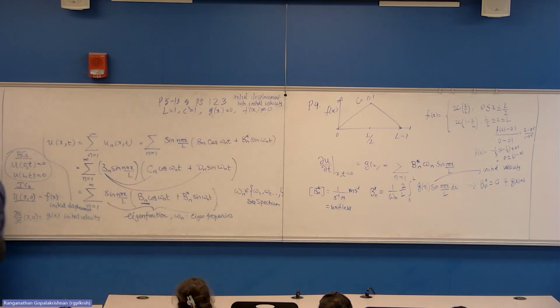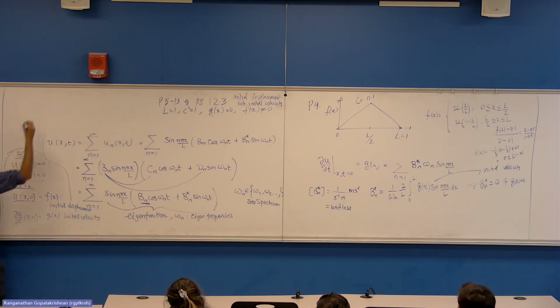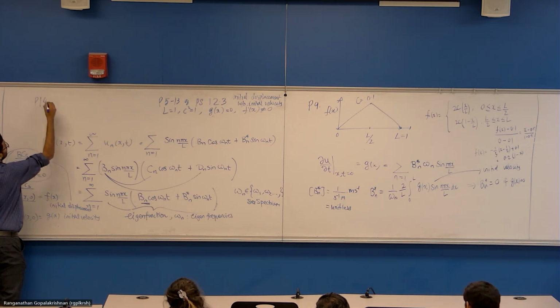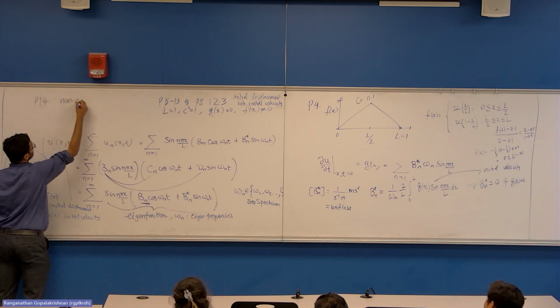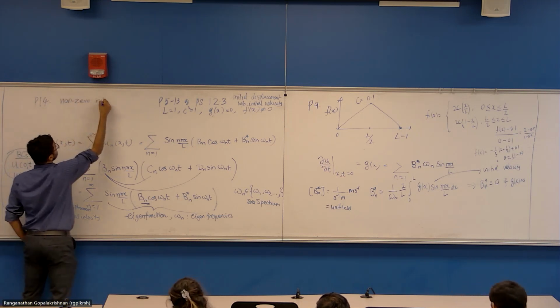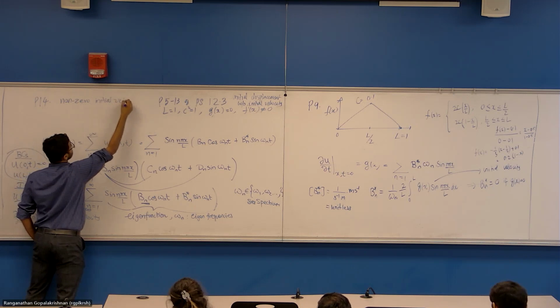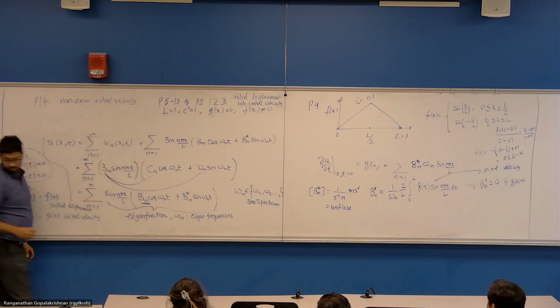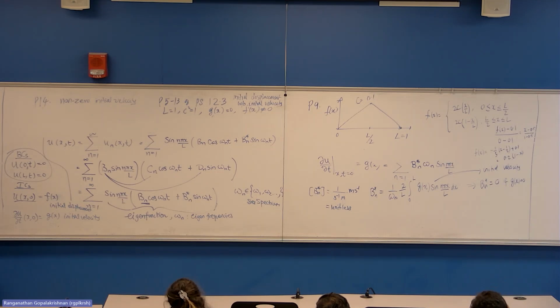If you look at problems 14 onwards, actually just problem 14, not onwards, there you have non-zero initial velocity. So in that problem, you have an initial displacement which is 0.